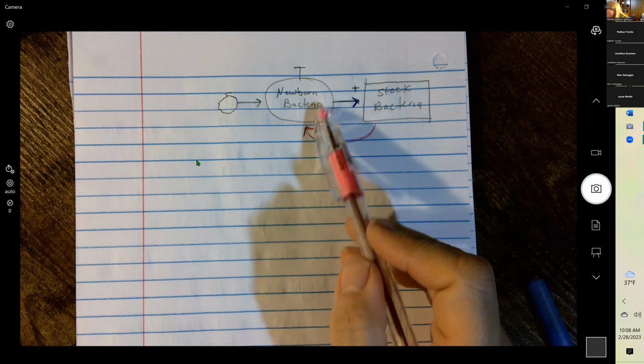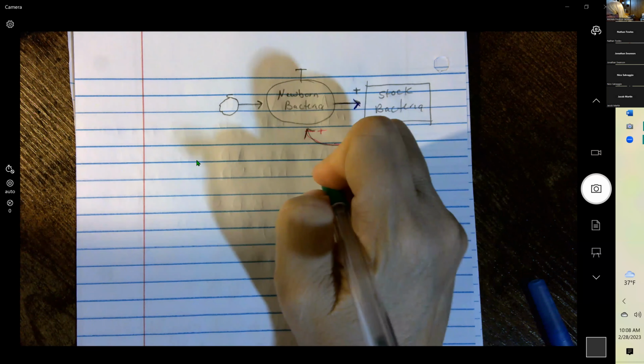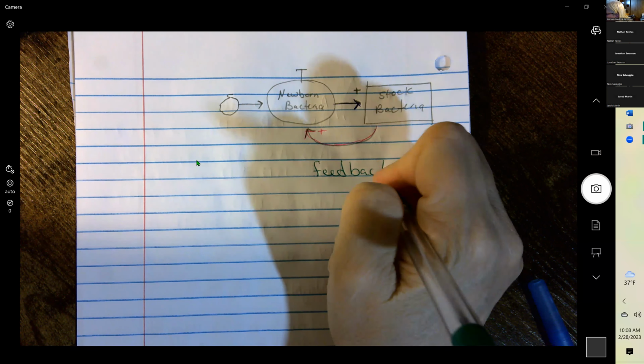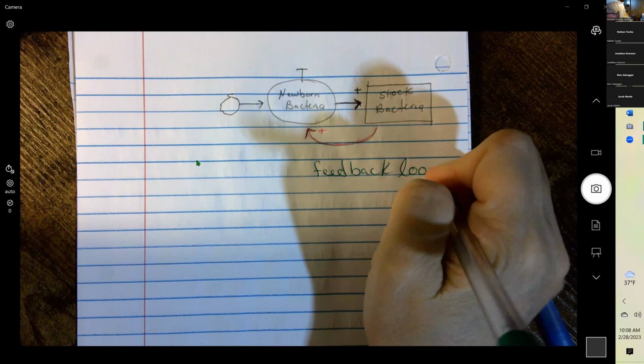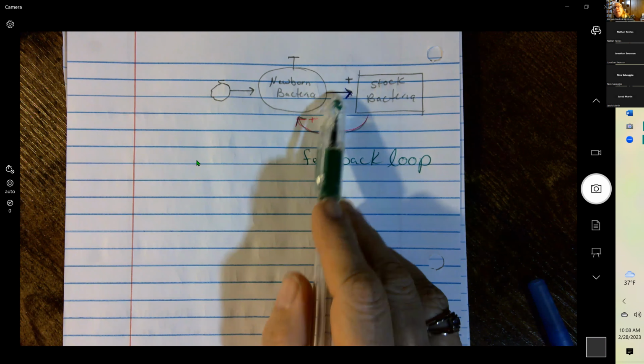So this is a feedback loop. Now, since there's no negatives, then it's amplifying.